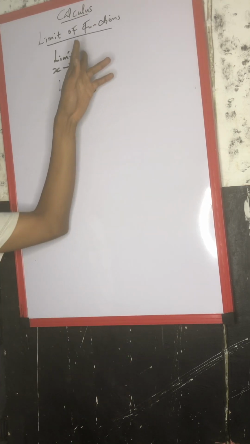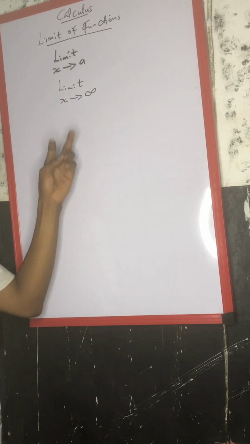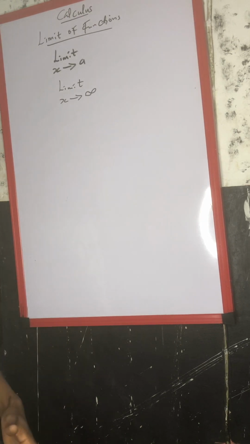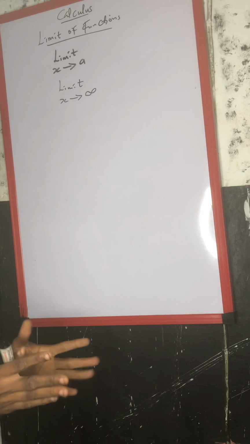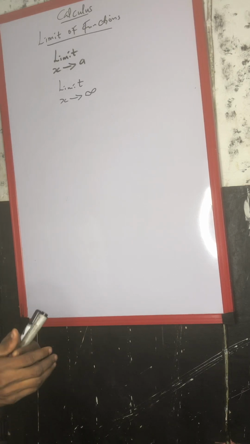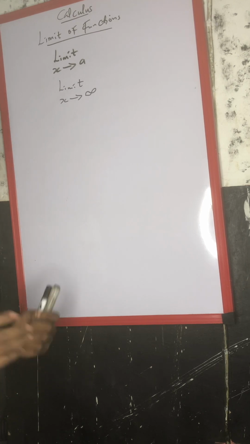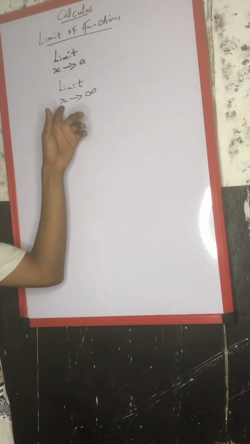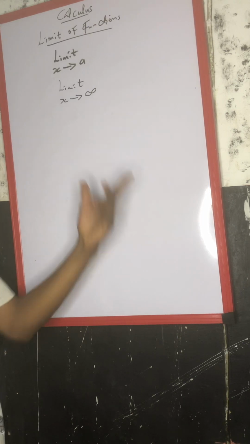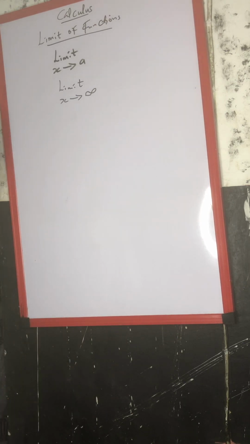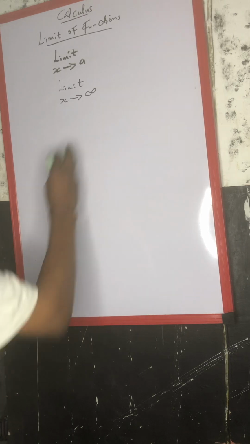The way you solve limit of x approaches a and the way you solve limit of x approaches infinity are quite different. So by God's grace, we are going to focus more on limit of x approaches a first, and if time permits us, we'll move straight to taking some series of questions on limit of x approaches infinity.